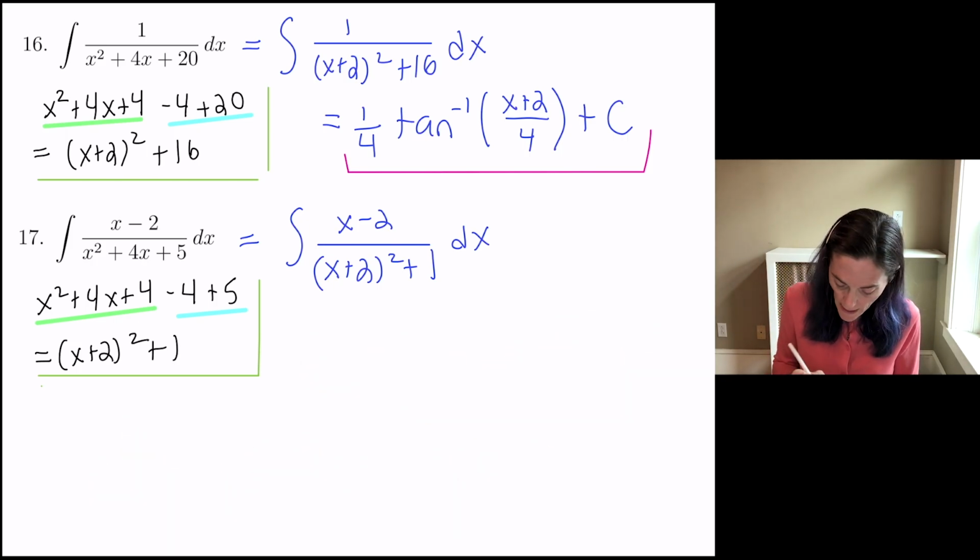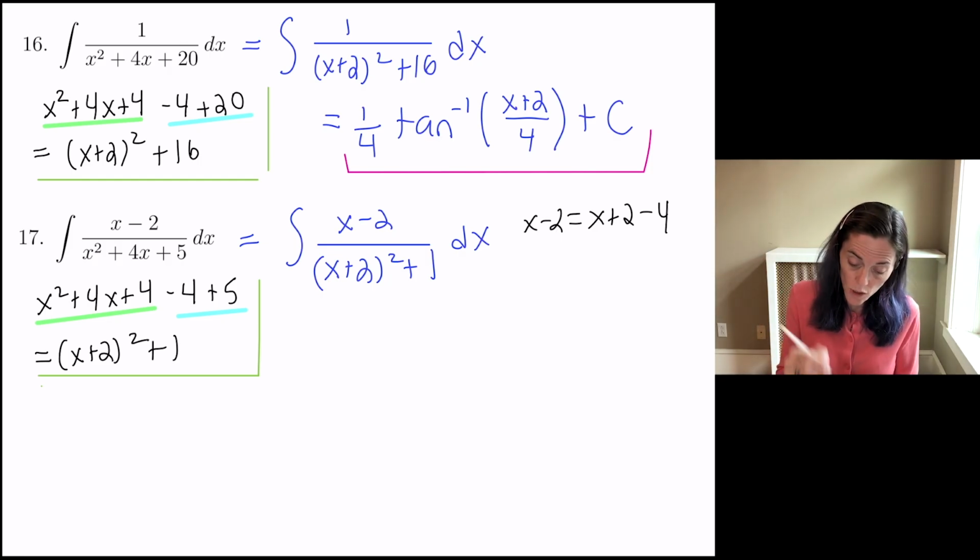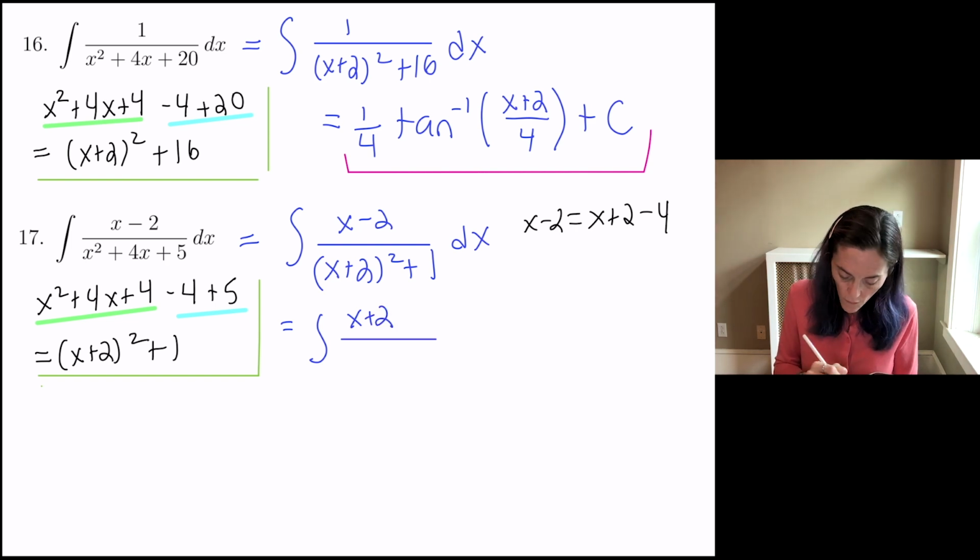Let's do this on this side. Note that x minus 2 is x plus 2 minus 4. Okay, so this integral is an integral of x plus 2 over this denominator dx minus the integral of 4.